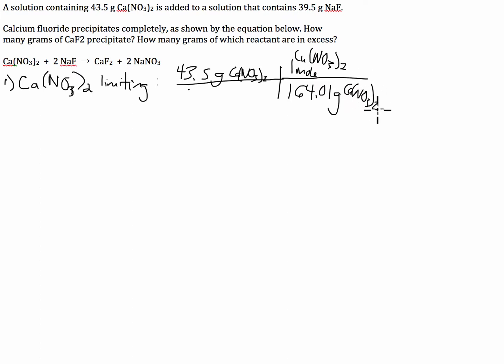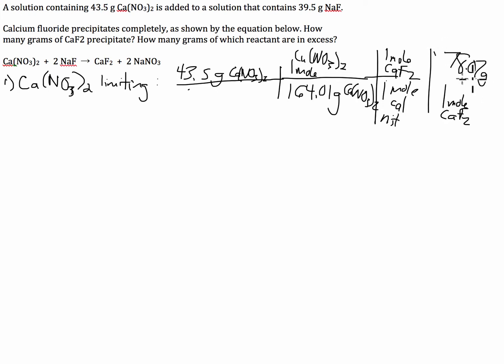Sorry if this is going to get a little ugly here. Then we do have a balanced equation here. We say that 1 mole of calcium nitrate forms 1 mole of calcium fluoride. And then we say 1 mole of calcium fluoride has a mass of 78.07 grams.